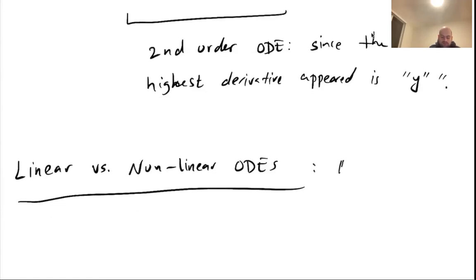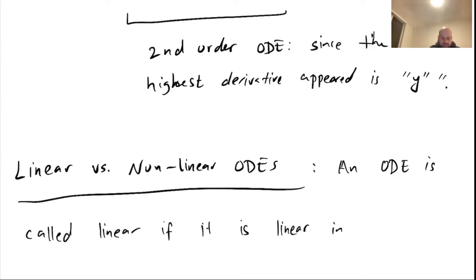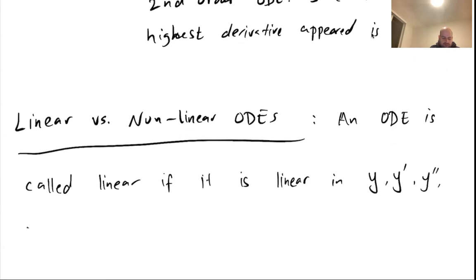An ODE is called linear if it is linear in y, y prime, y double prime, all the way to y nth derivative.